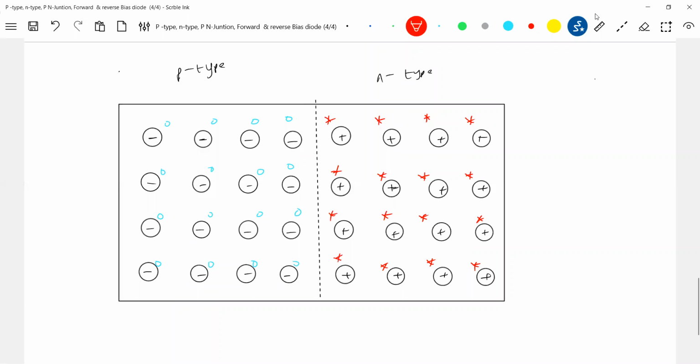So here are a few minority carriers, I show it. Okay, keep it here. So there's a p-type and n-type. Fine. Okay, now what will happen?